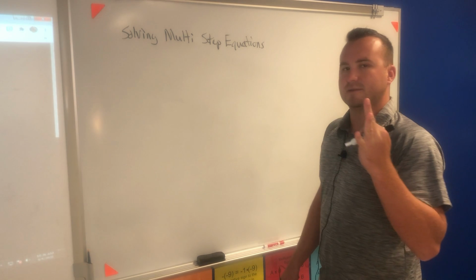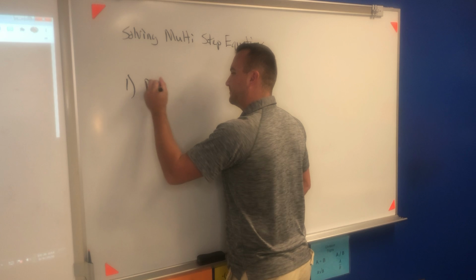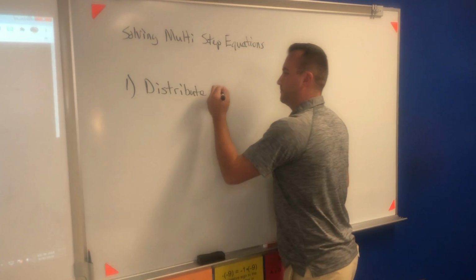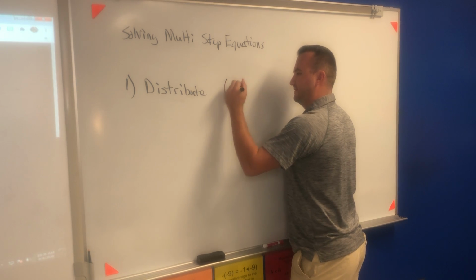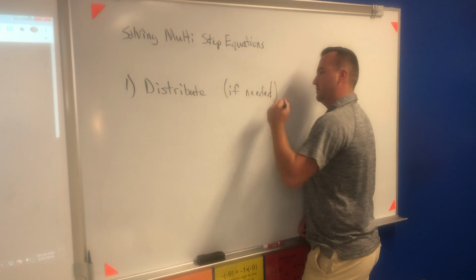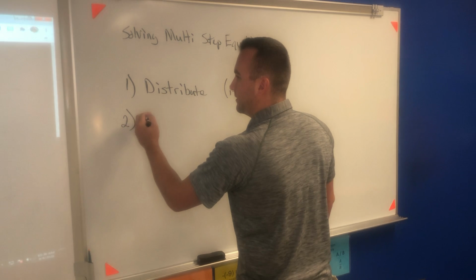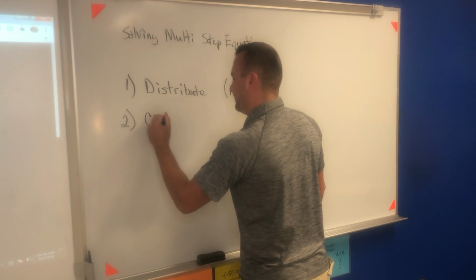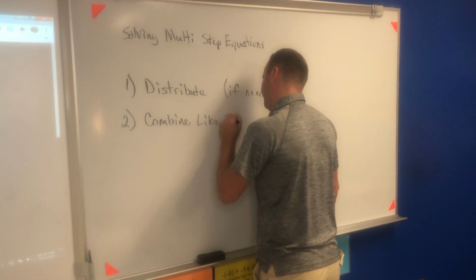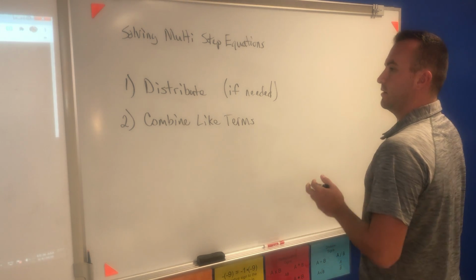There's going to be 3 steps to this. The first step is to distribute, and this is only if needed. Secondly, we are to combine like terms on each side.